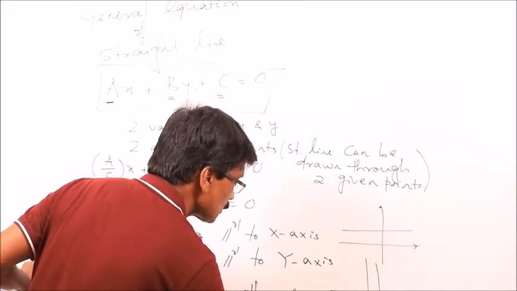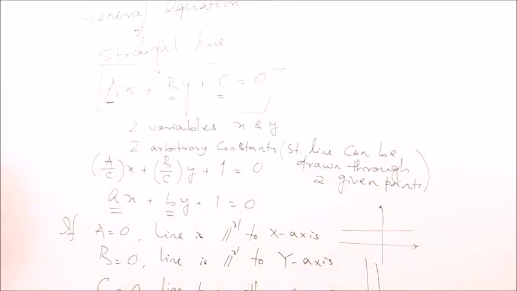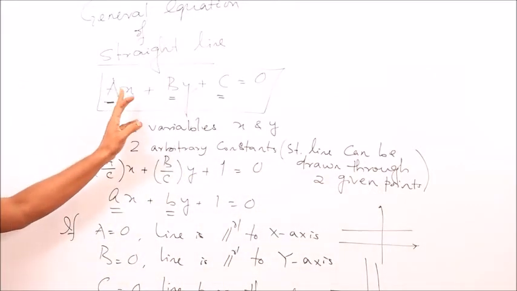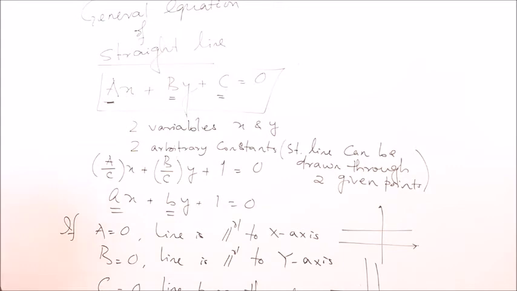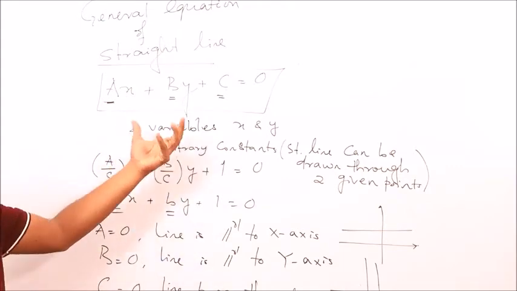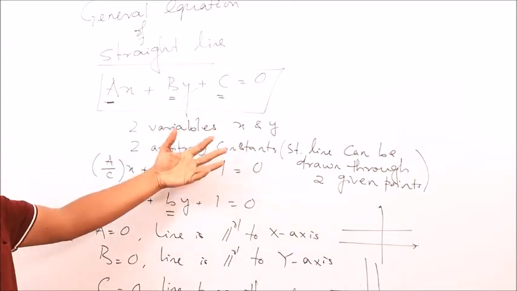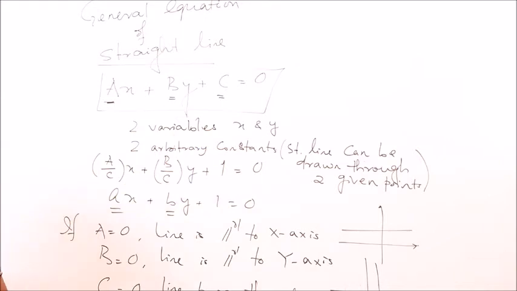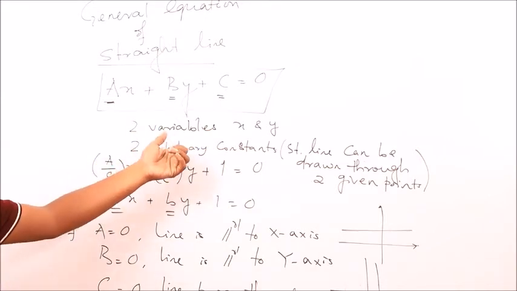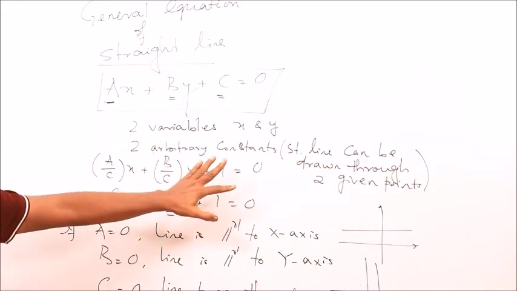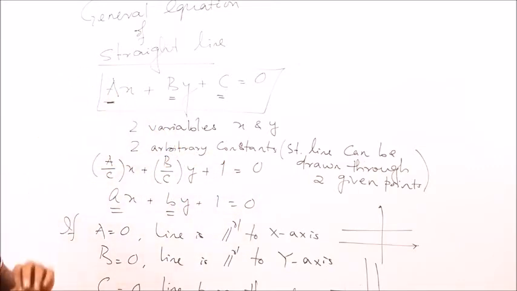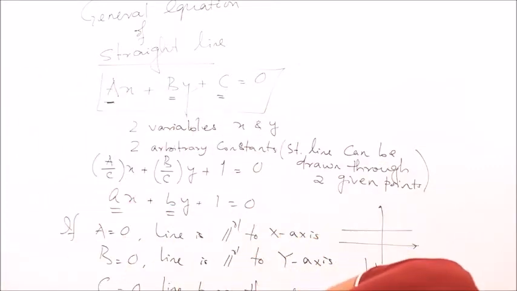So if a line passes through origin, then c is equal to 0. So this is the general equation of a straight line. So out of these straight line equations, we have all the different forms. So a straight line has two unknown variables and two arbitrary unknown constants.